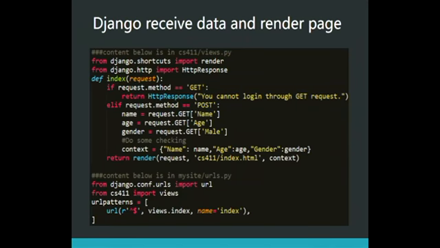You set some parameters in a dictionary form, and you have a predefined index.html page. It's a template, so it also has some special syntax there that you can look up. It actually uses the parameters I passed, in this case my name, my age, and gender.